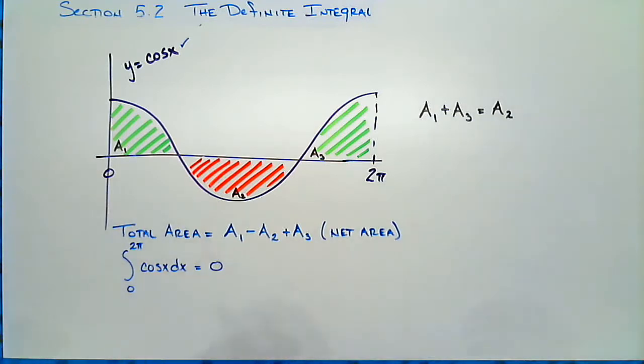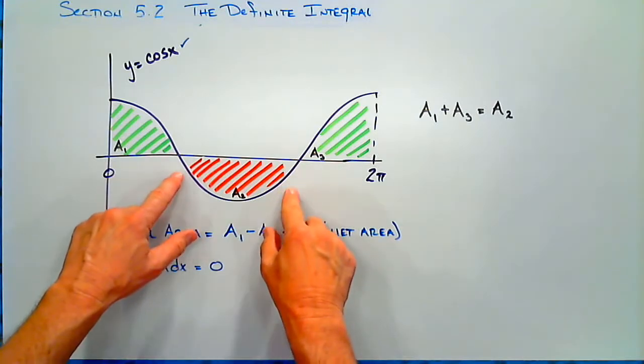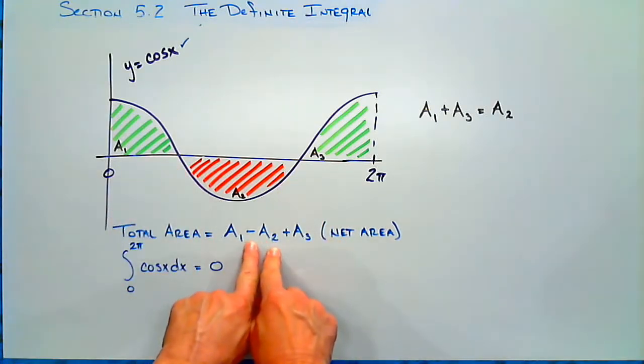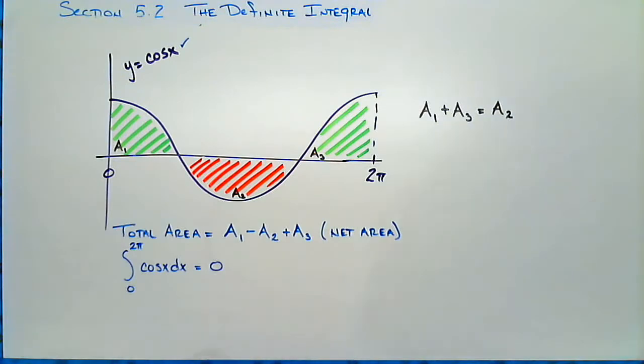We're using area as our learning tool to help us visualize a definite integral. So you and I have to make the adaptation, and we have to say, okay, if I'm below the x-axis, I'm going to put a minus sign in front of that area. And again, no one's saying area is negative. We're just saying below the x-axis, we're going to put a minus sign down there. That's what we're going to do.